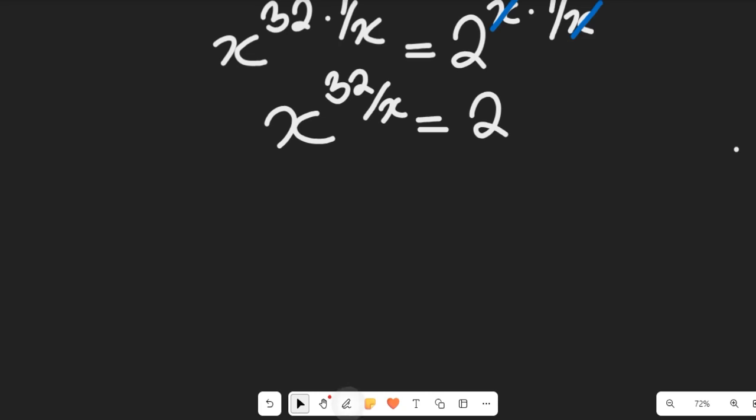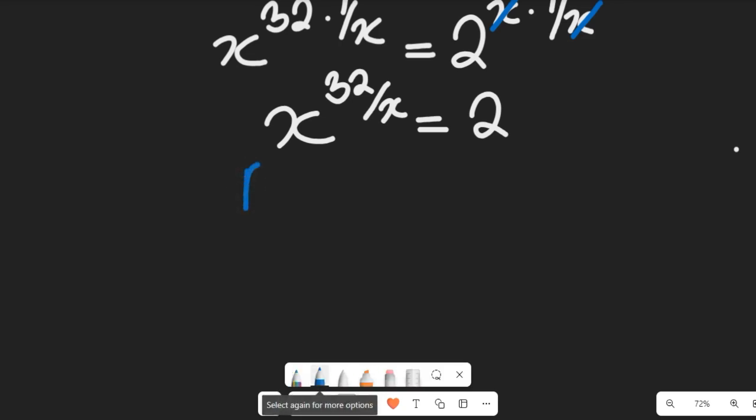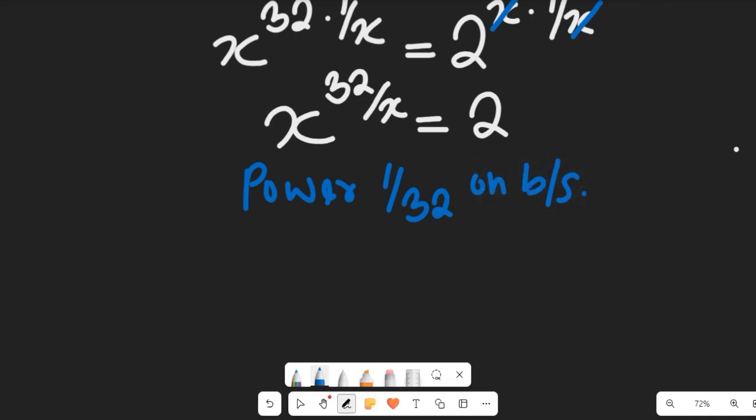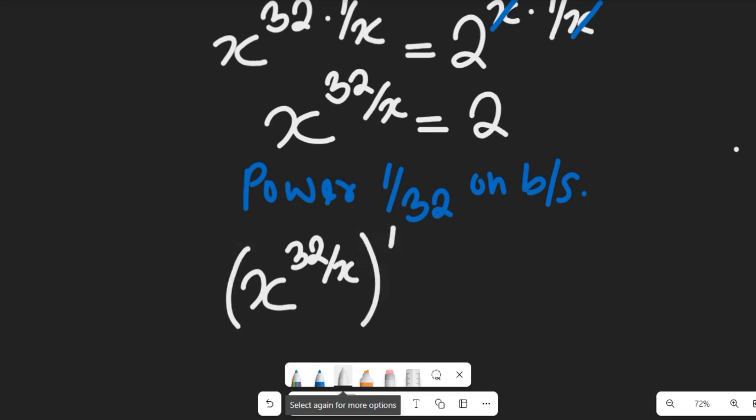To reduce this, we want to take the power of 1 divided by 32 on both sides. If we do that, we're going to have the power of x multiplying 32 divided by x multiplied by 1 divided by 32, and this will be equal to 2 to the power of 1 divided by 32.